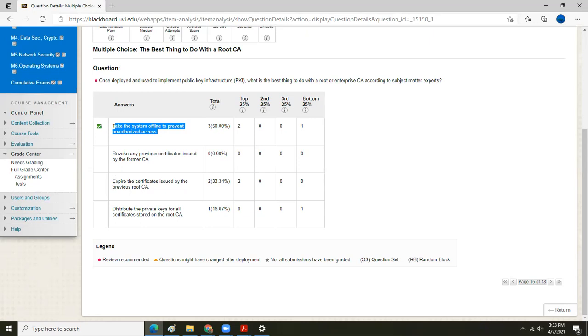You don't expire or revoke. You don't distribute private keys. If you distribute private keys, all is lost. Private keys have to remain private. If the enterprise CA's private key is distributed, they've been blown.